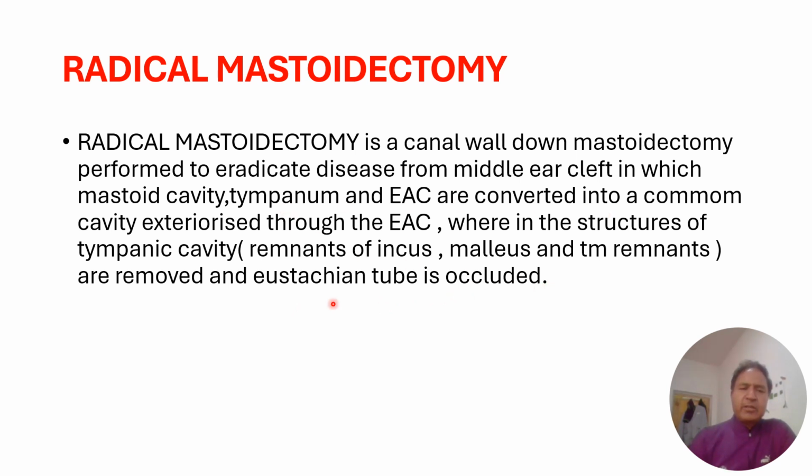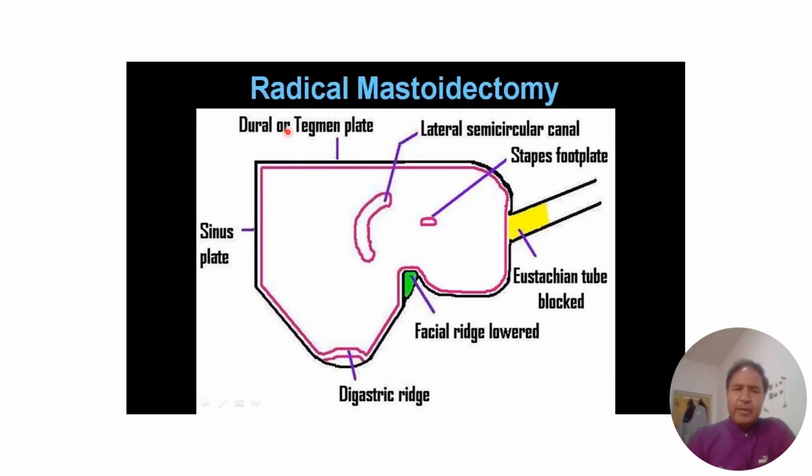We exteriorize the whole ear, we remove everything. That is radical mastoidectomy. You can see the boundaries are there, the eustachian tube has been blocked and we have removed the whole ear. This is one simple cavity exteriorized through the EAC.